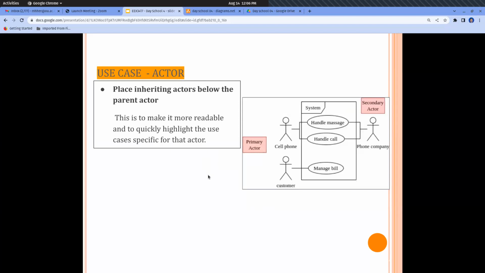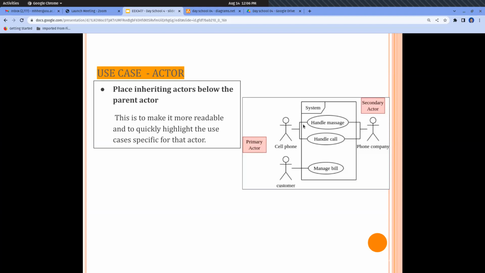Place inheriting actors below the parent actors. In this use case diagram, the main one is the cell phone. The cell phone interacts with the customer, so the customer is the second one. The main point is the cell phone, so we put the cell phone on the upper left side.